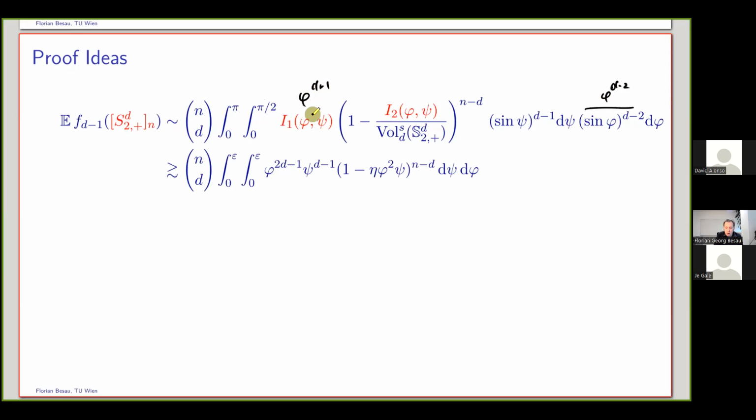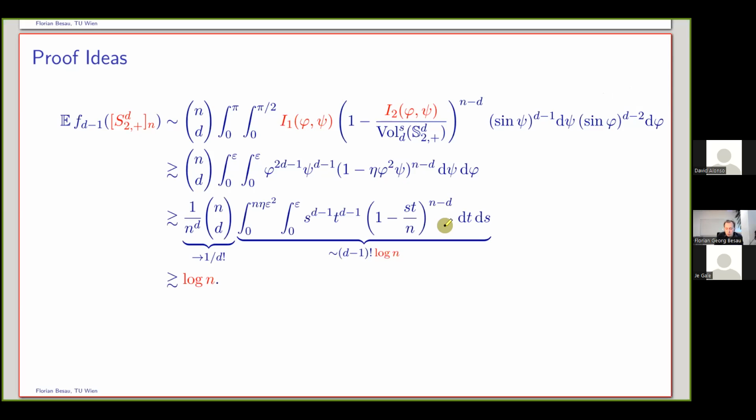So we get phi to the power 2d minus 1. And here we had our phi squared over psi asymptotically. So up to some constant eta here, we get this quantity. And then just using the normal transformation formula for integrals, if you replace eta phi squared by s over n, you arrive at this expression.